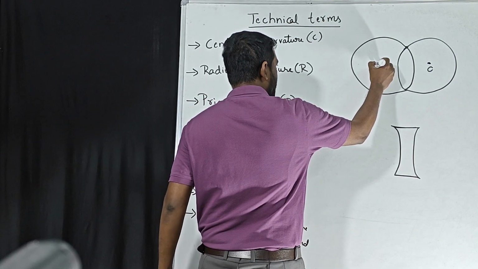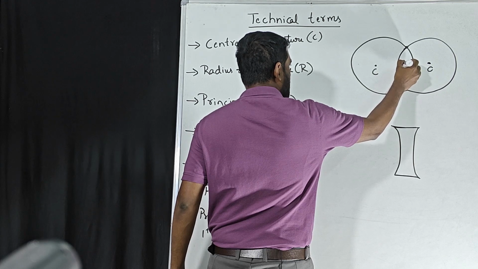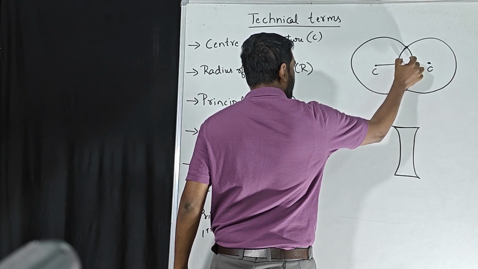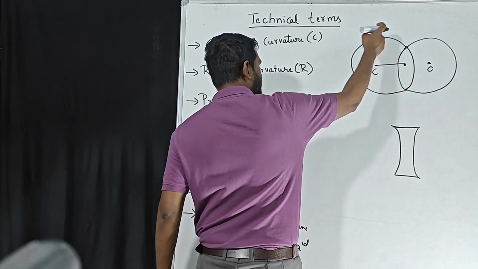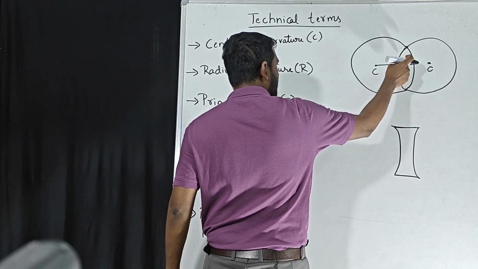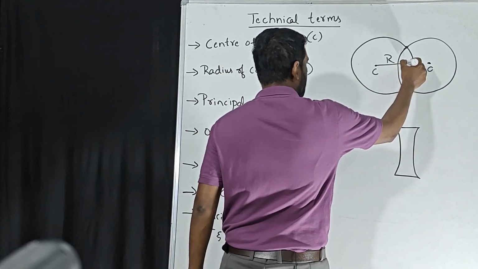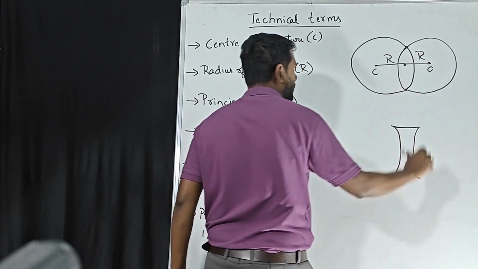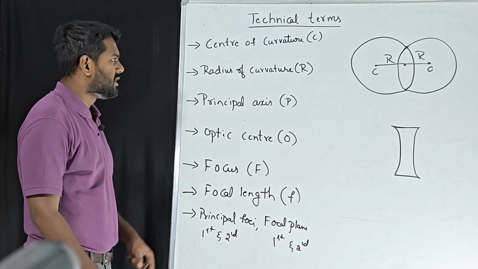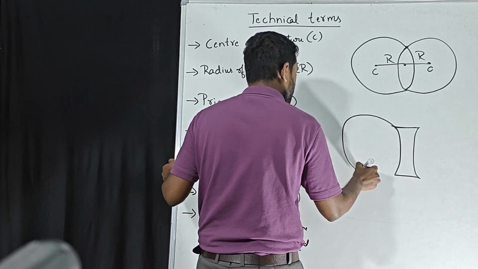See, the distance between the center of the spherical lens and the optic center of the lens is called the radius of curvature. It works for both the circles. The same thing you can do with a concave lens also.